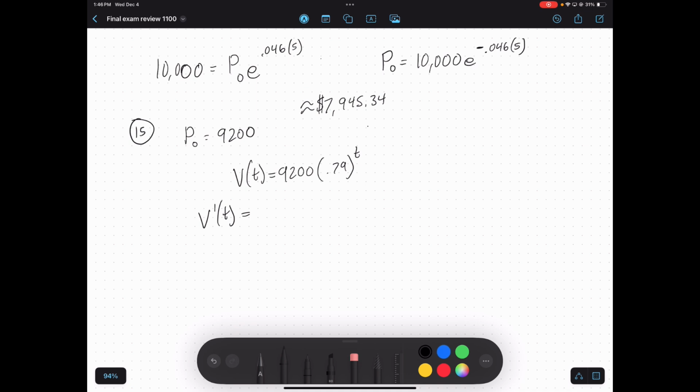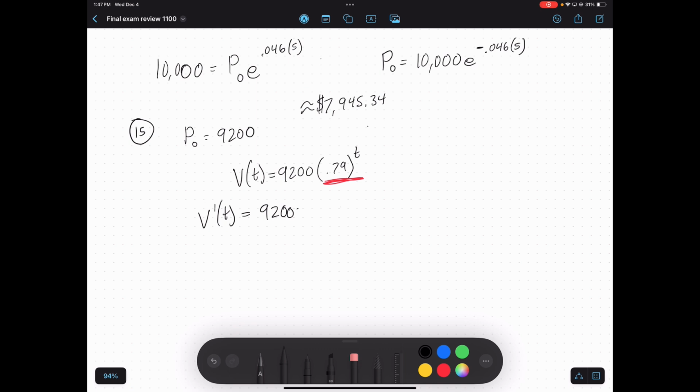Right. So, first of all, what do I do with this 9,200? Keep it there. That 9,200 is going to stay there. And then when I take the derivative of this piece, you keep the same thing, just like with base e, where when you take the derivative of an e to the x function, it stays the exact same. The same thing's going to happen here.